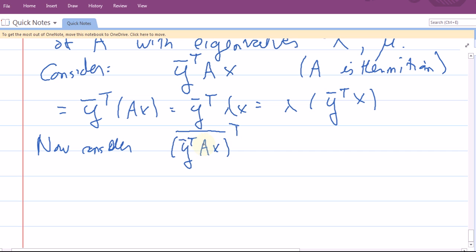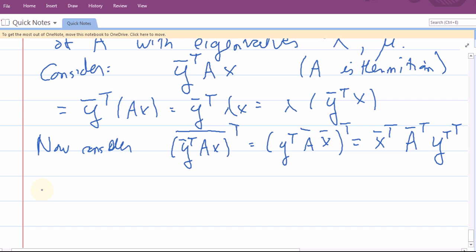Now the conjugate factors into the separate terms, so that will give me y transpose A conjugate x conjugate, and then we have that transposed. And the transpose gives me the transpose of the individual factors in the reverse order. So that's equal to x conjugate transpose times A conjugate transpose times y, because y transpose transpose is equal to y.